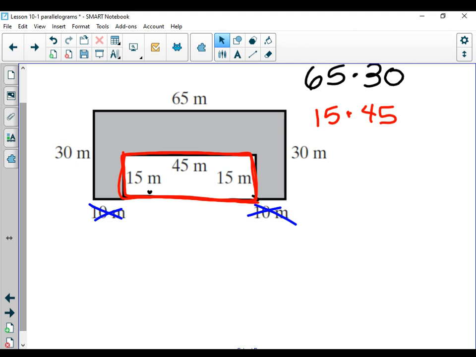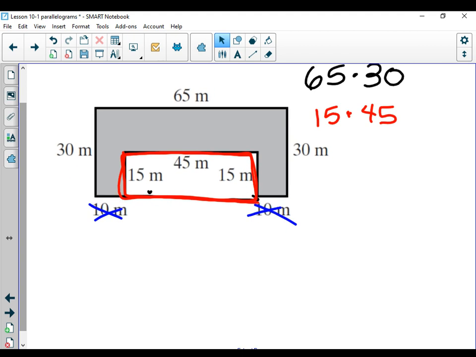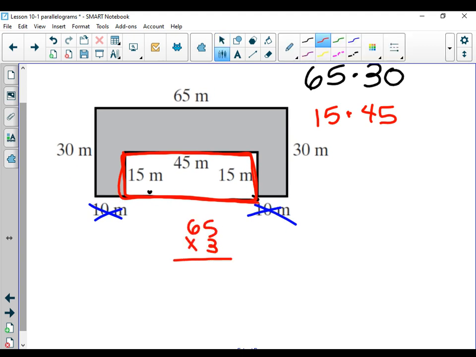Hey, did anybody do this trick for 65 times 30? 65 times 3 out of 2. Yeah, that's what I was thinking. Look how much easier that looks. 1,950?